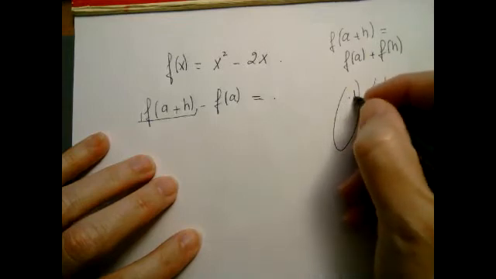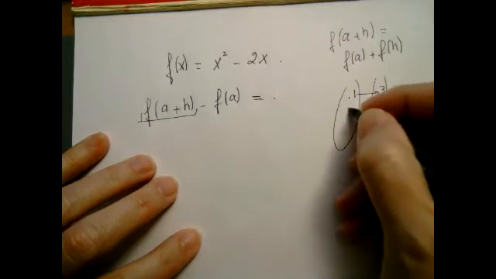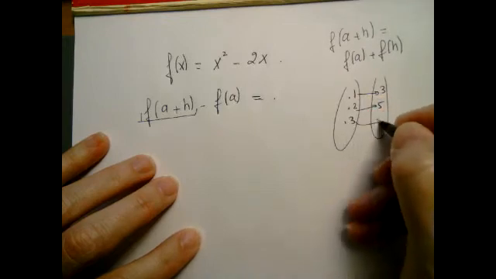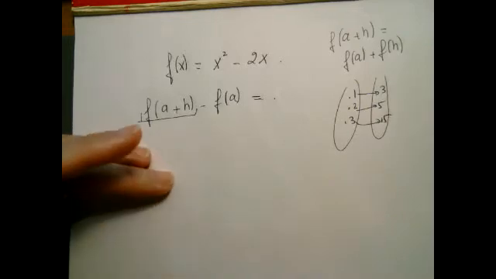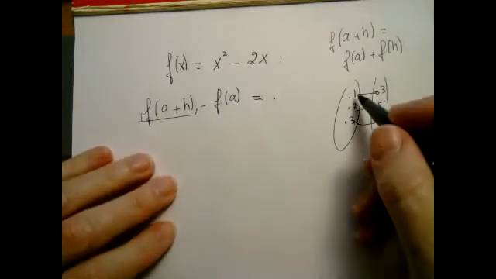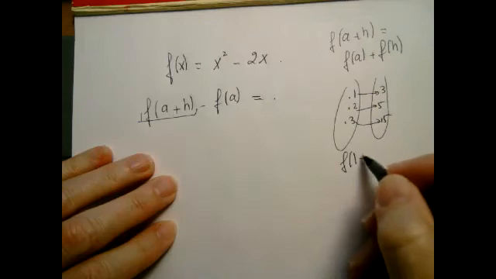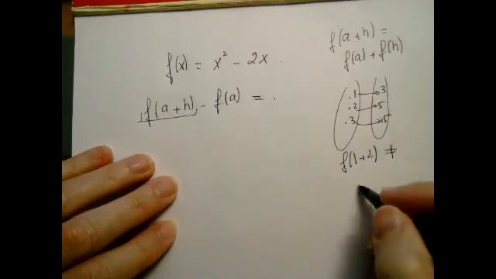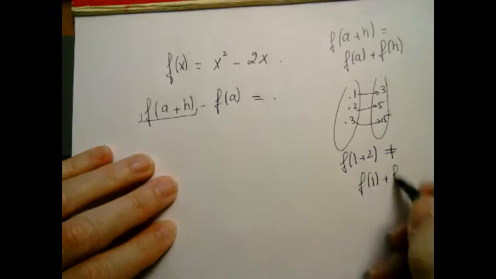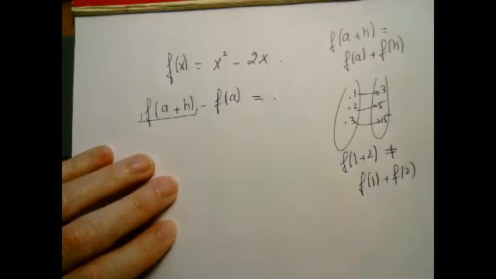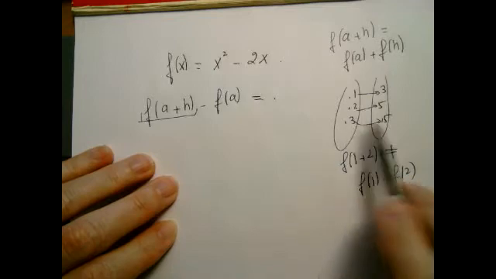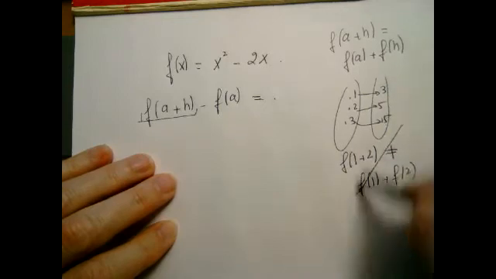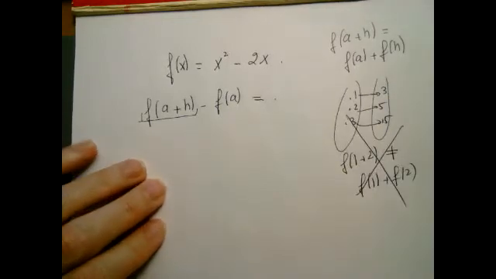Suppose the function takes 1 to 3, takes 2 to 5, and takes 3 to 15. That's really a function. You cannot split like this. f of 1 plus 2 is f of 3, which is 15. f of 1 plus f of 2 is 3 plus 5. So you cannot split at all this way.